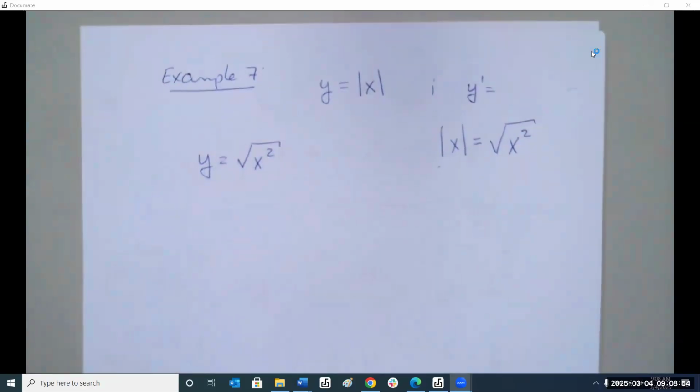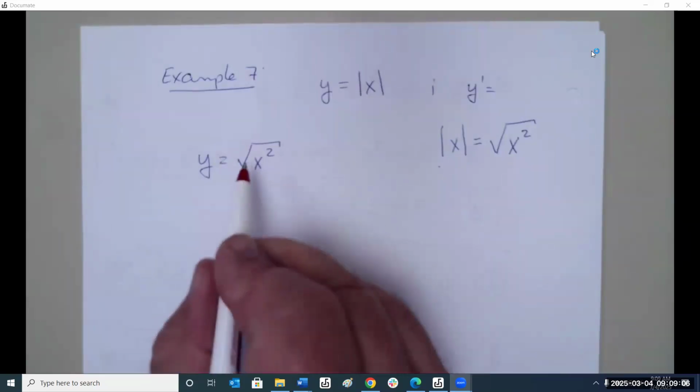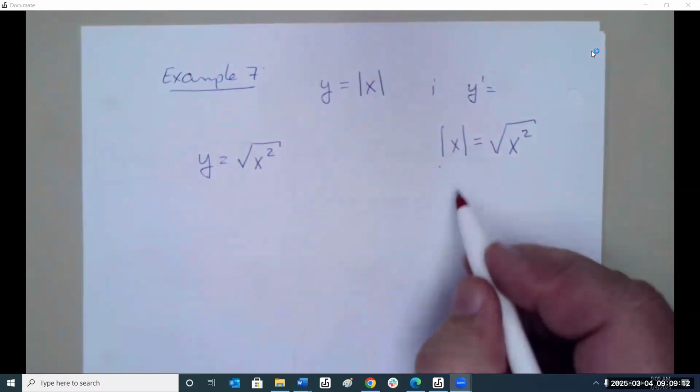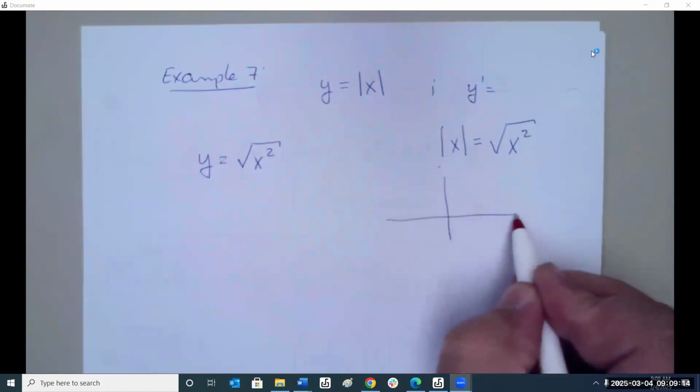So what would the derivative be of this function? And no, you can't simplify it by saying that the square root and the square cancel out. What does the absolute value graph look like?